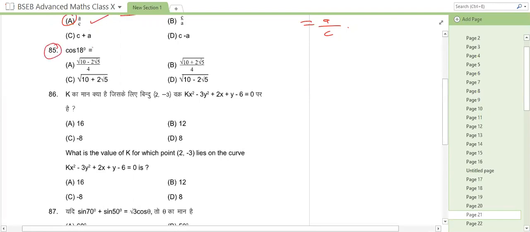A difficult question: cos of 18 degrees. So how you can proceed is we can say let theta be equal to 18 degrees. Therefore, 5 theta is equal to 90 degrees.